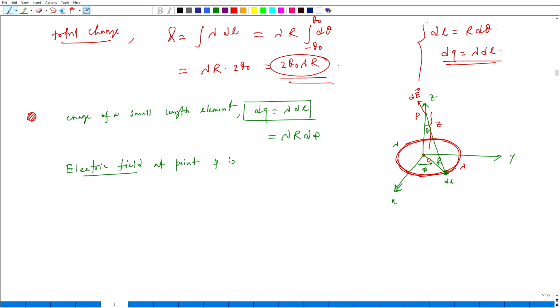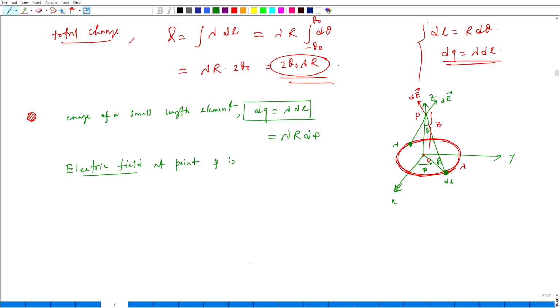We consider another strip just opposite to the first one, and its field at point P points in the other direction. So the x component and y component cancel, and the remaining non-zero value is the z component, the projection being cos theta.